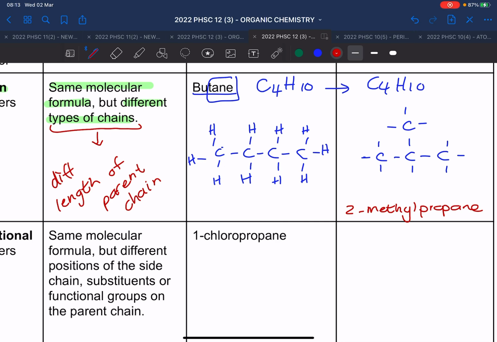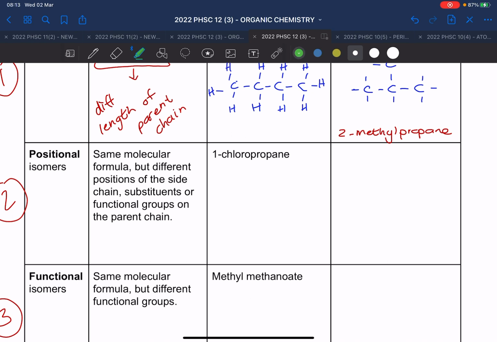Okay, right. The next type of isomer that we have is a positional isomer. So again, isomer means the same molecular formula, but now the position of something changes. The position of the side chain or the substituent, so the chloro or the bromo, or the functional group, changes.